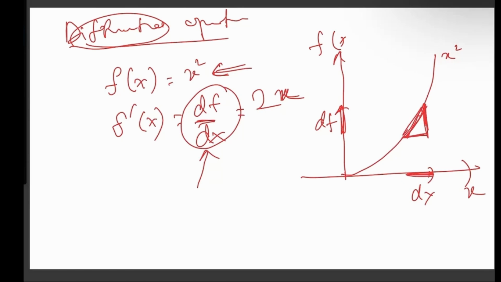So what we get is the slope of the graph, the slope of the curve. We call this the differential operator.